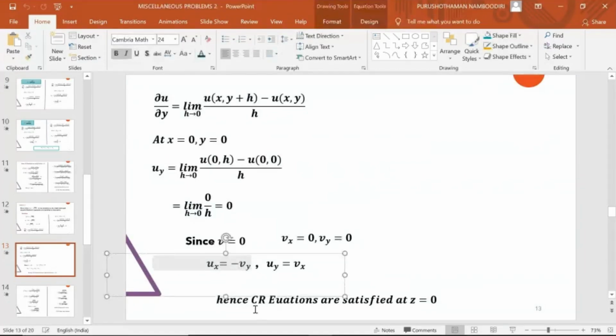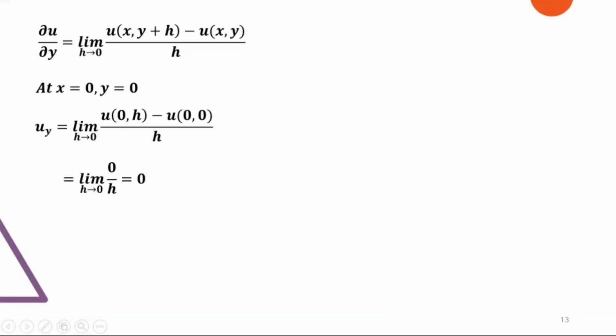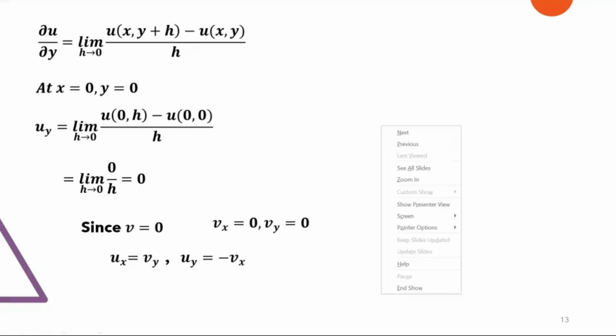This is plus, this is minus. ux is equal to vy and uy is equal to minus vx. Okay. The CR equations are satisfied at z equal to 0.